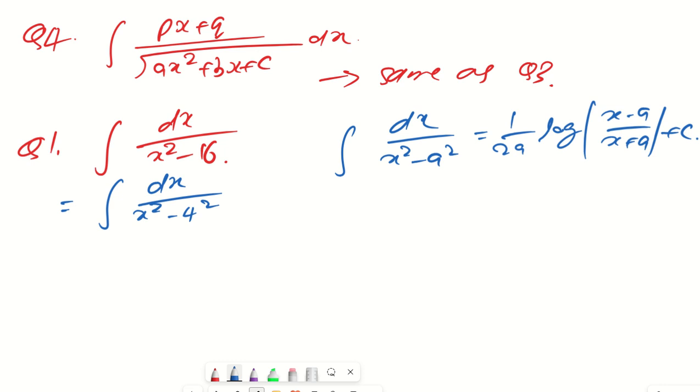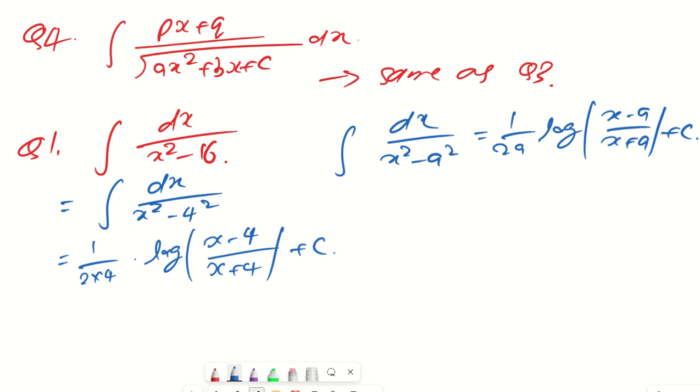So similar to that I can write it down here, 1 by 2a, so 2 times 4, into log of x minus 4 by x plus 4, plus some constant c. So this is a very simple question.